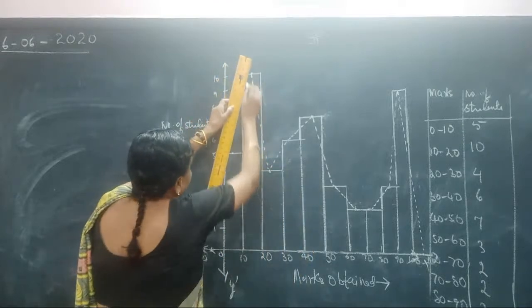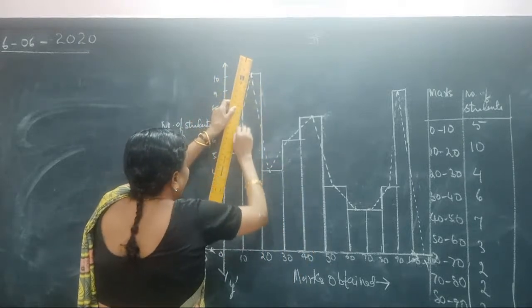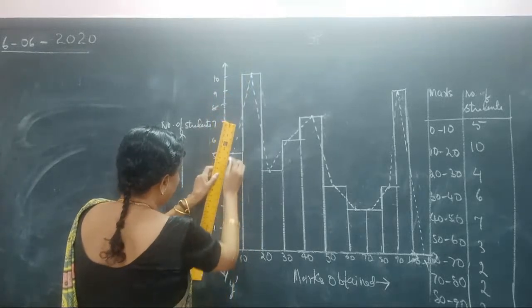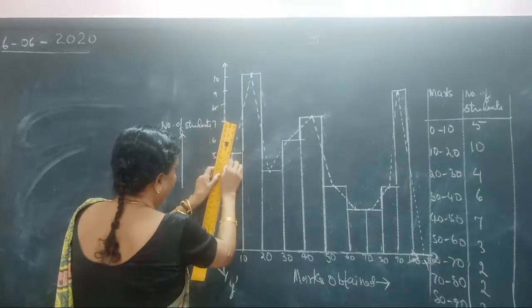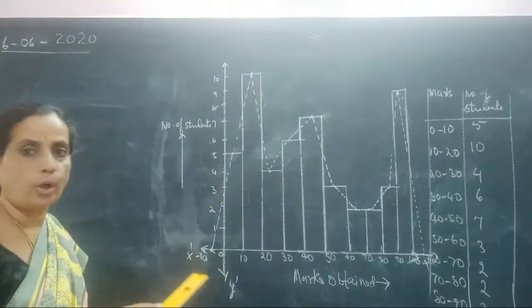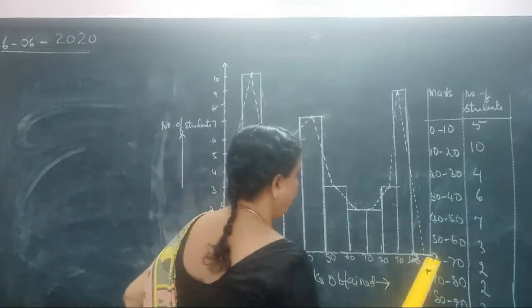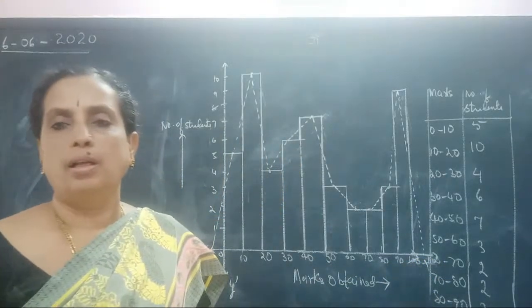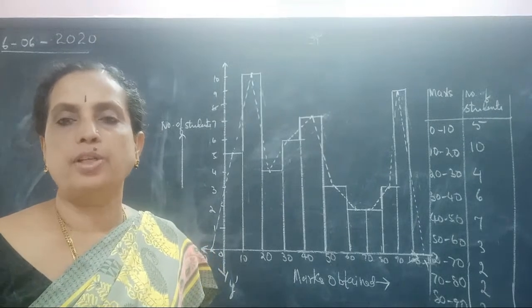I hope everybody is doing it. Joining from midpoint to midpoint, finally it reaches the midpoint along the negative x-axis also. So you have to join from midpoint to midpoint in between the midpoints of the rectangular boxes. That is the histogram.